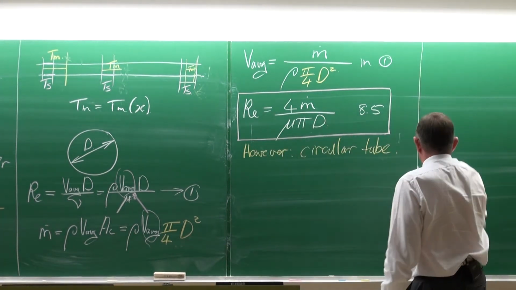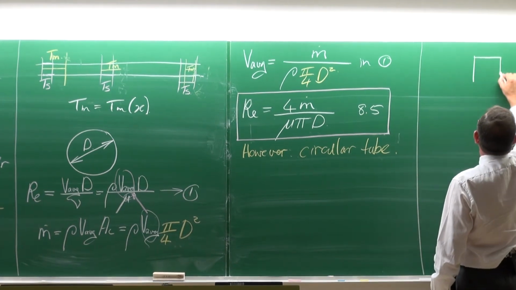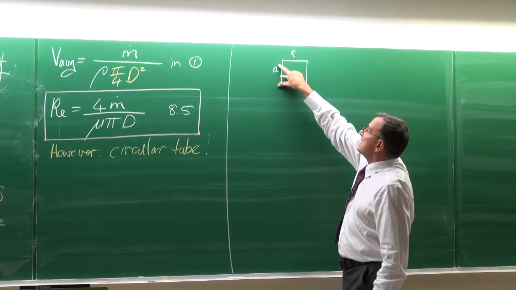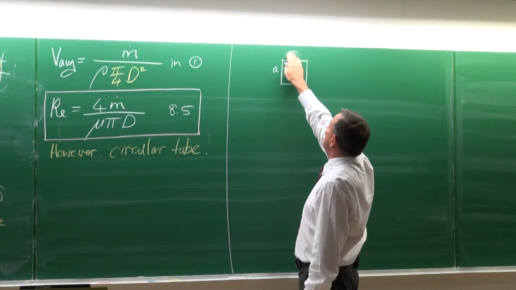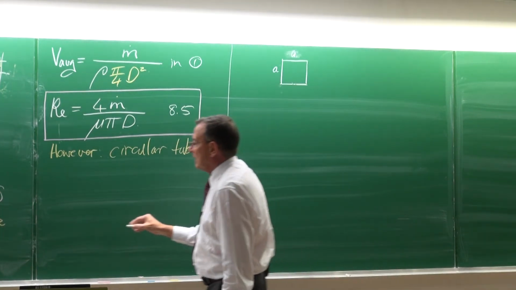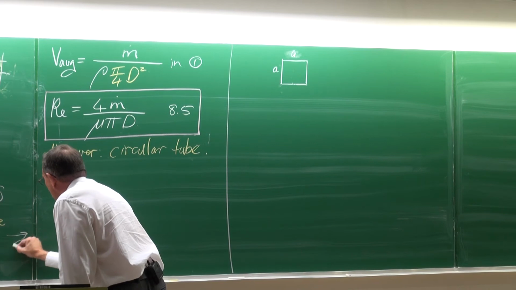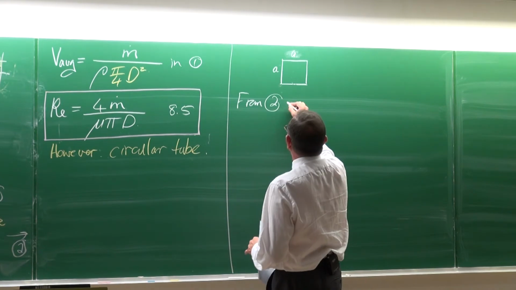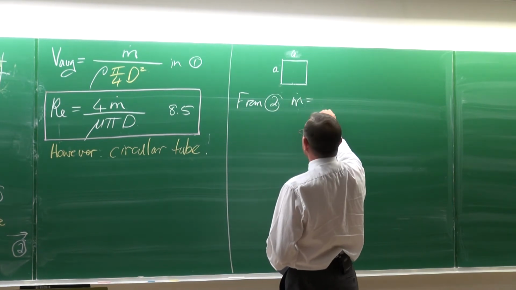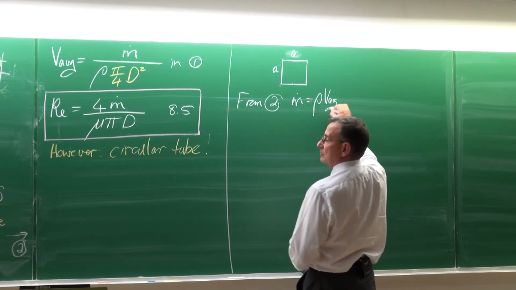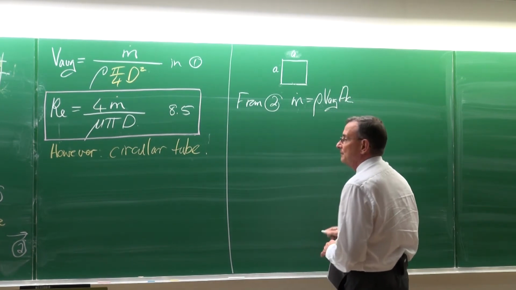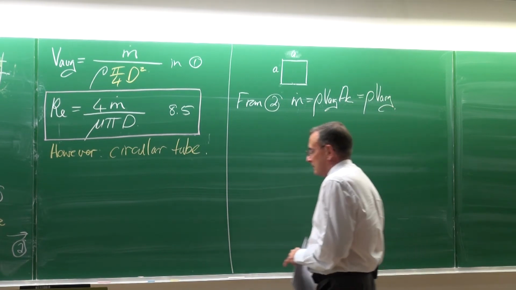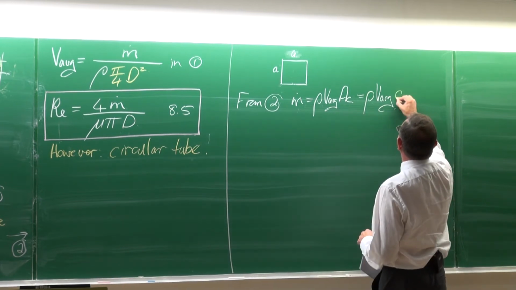Let's suppose we make use of a tube which is like that, a distance a and another distance a, and let's call this equation 2. Then from equation 2, the mass flow rate is equal to rho V average multiplied by the cross-sectional area, and in this case the cross-sectional area is equal to a squared.